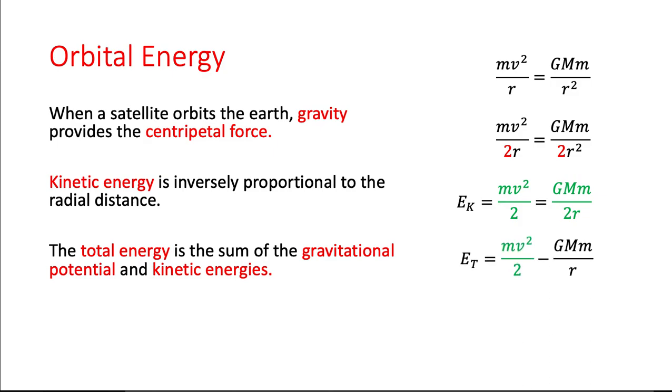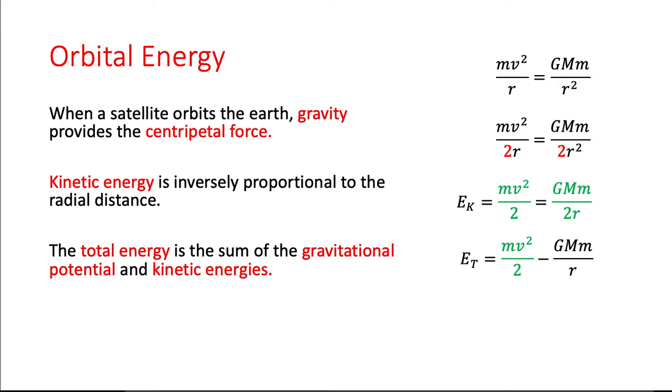So in other words, my total energy is a half mv squared, and I've got to add in my gravitational potential energy. Now remember from previous lessons, our gravitational potential energy is the product of the potential and the mass, and that comes out as minus GMm over r.